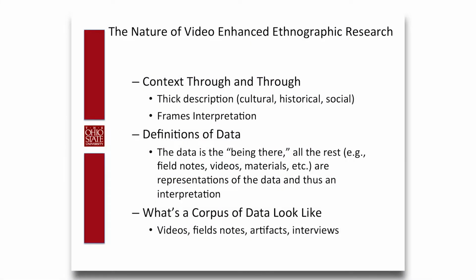Okay, as part of ethnographic research, one of the key concepts and key issues is this notion of context. Context does not mean what's around. I know that's what everybody thinks it means. You've got something and we say, what's the context of this? That's not really the way we think about context. The way we think about context is that it includes everything around it and how they all interact with each other.